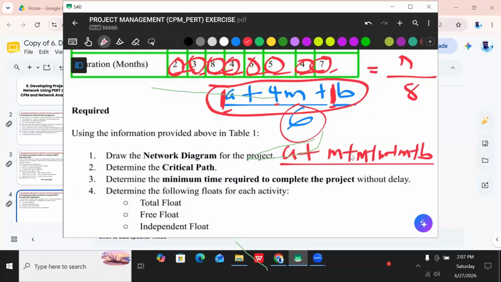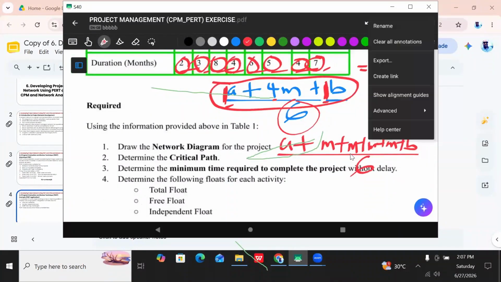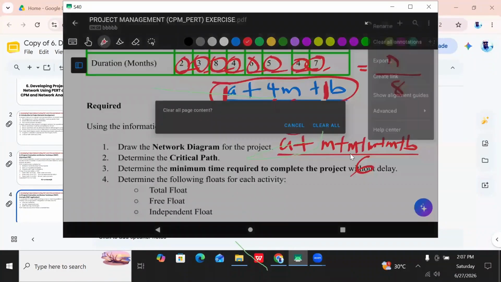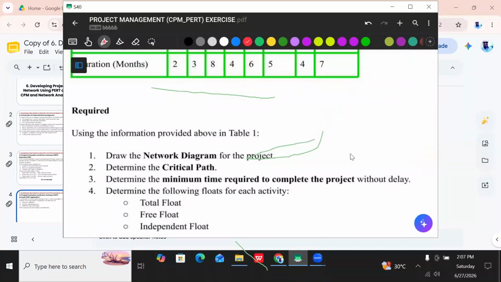That is 1, 2, 3, 4, 5, 6, divided by 6. That's just the idea behind that formula. Is that clear, please? Yes, sir. Okay, good. So we go back to where I was before.